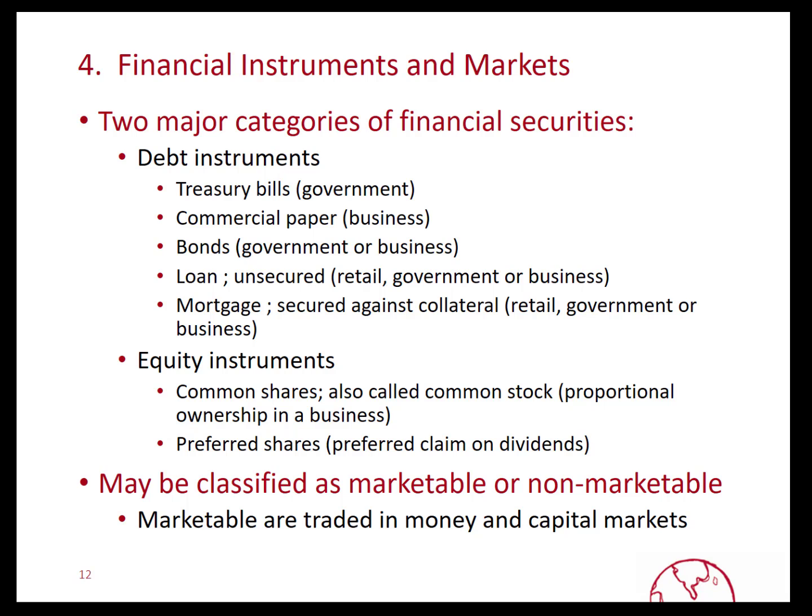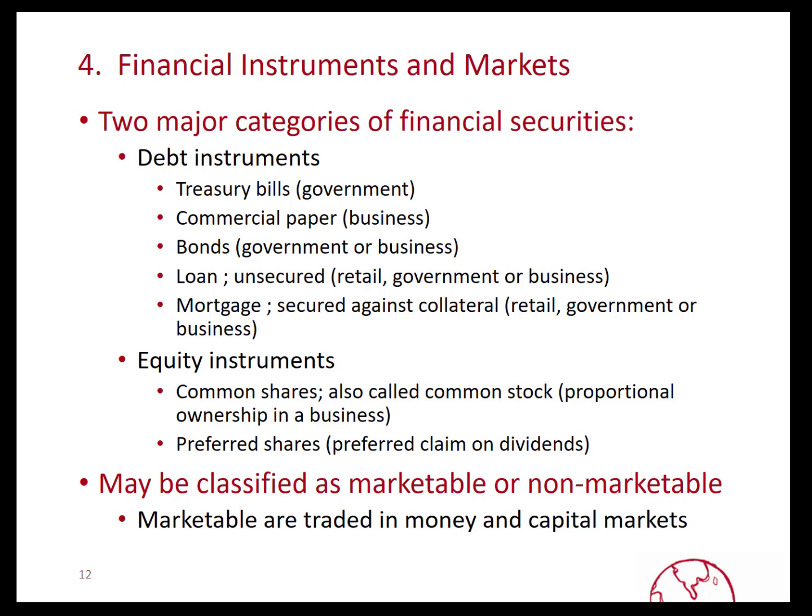We have loans, which may be unsecured, meaning that there is no collateral that is specifically tied to the loan, and we have loans that are secured, such as a mortgage, where the actual loan is backed by a claim on the real estate. When it comes to equity instruments, there's two major categories: common shares and preferred shares.